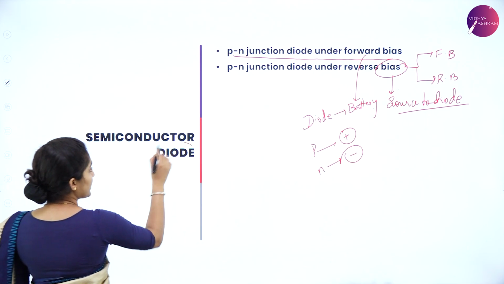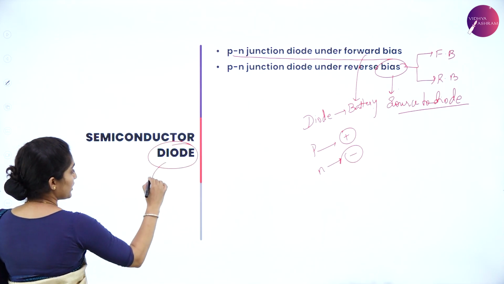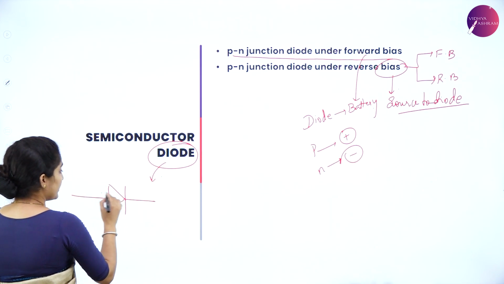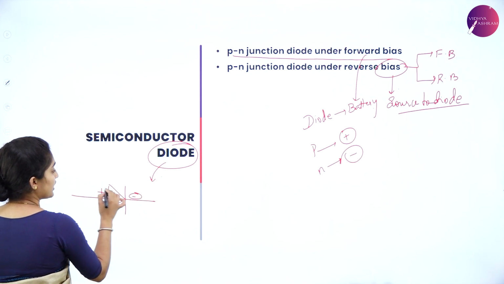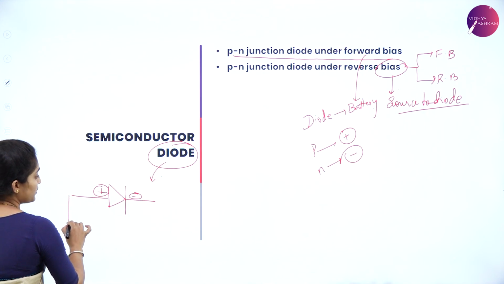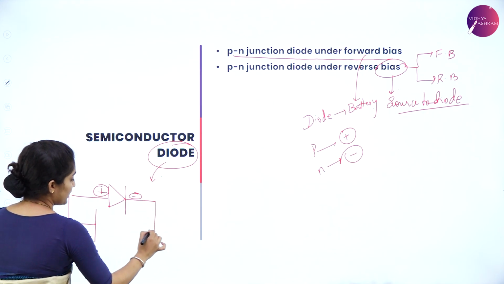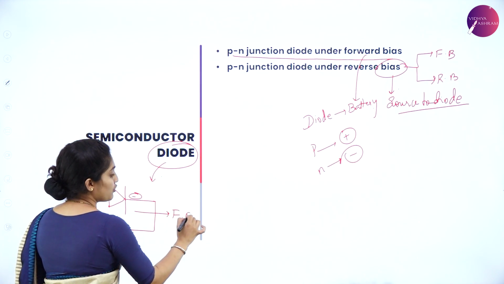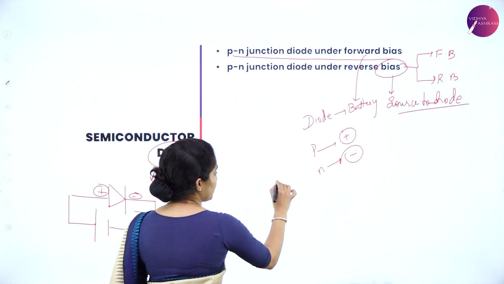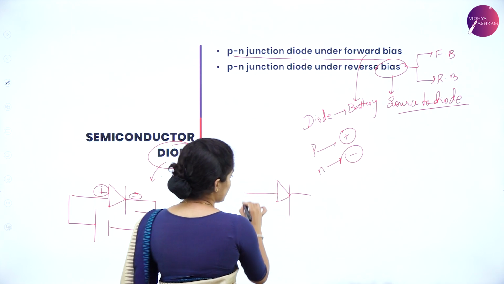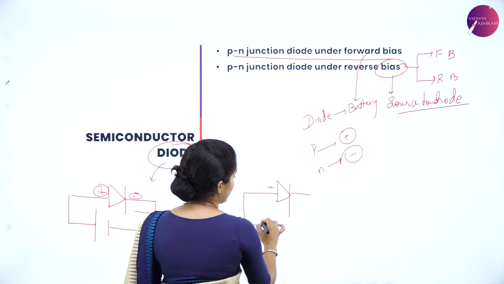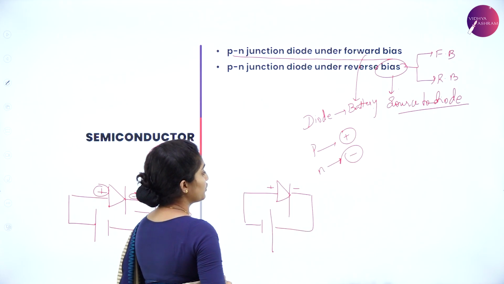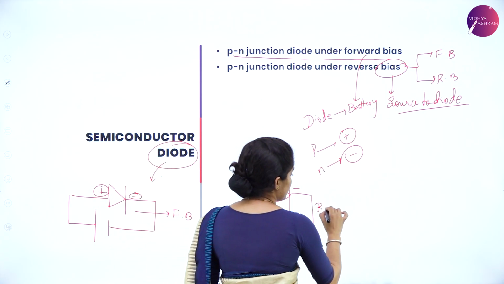The diode is symbolized like this, where this is the positive and this is the negative notation. Positive of the diode connected to positive of the battery, and negative of the diode connected to negative of the battery, gives you the forward bias condition. Again, if positive of the diode is connected to negative of the battery and negative of the diode is connected to positive of the battery, it gives you a reverse bias.